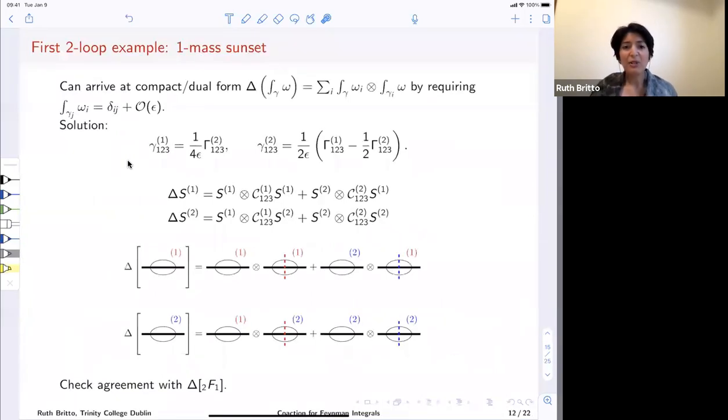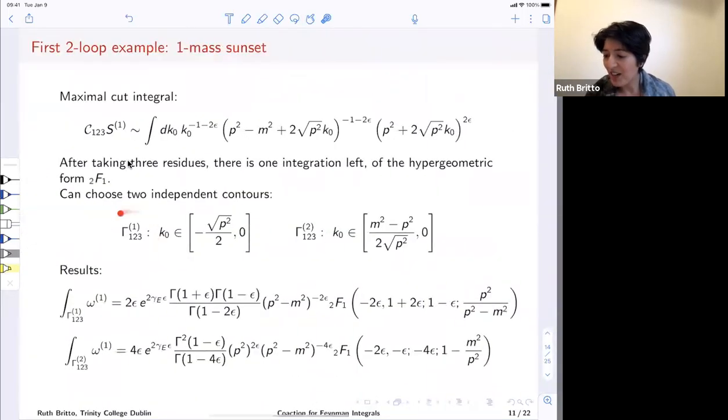So now, if we would like to arrive at the compact form for the coaction directly, we would like to impose this condition. Remember, we have our two integrands, we have two contours, and these contours are defined as capital gammas here.